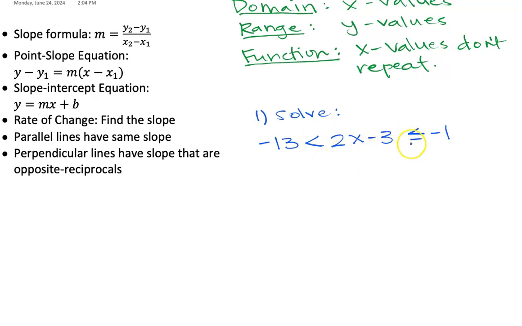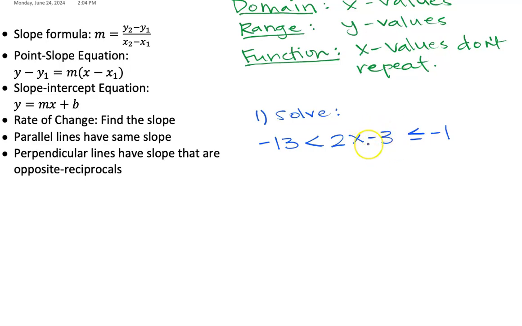And so when we're solving this, we really want to get the x by itself in the middle. Now, sometimes you get it explained to you to set these up as two different inequalities, and you can do it that way, but I think it actually makes it harder that way, and I'll show you why when I work through this. So let's work on getting x by itself in the middle.